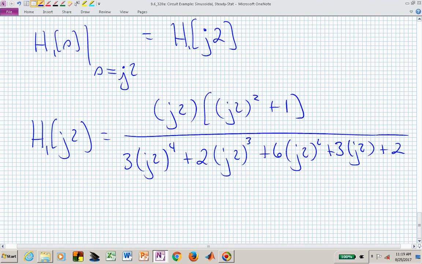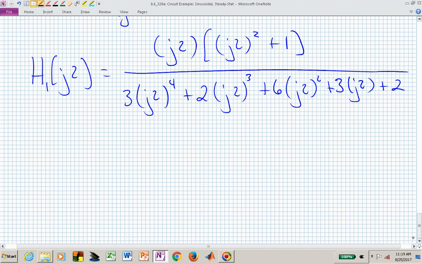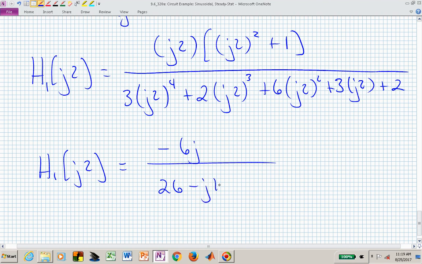That will end up giving us a complex number. I hope you see that that's a complex number. If you simplify that, then H sub 1 of j2 becomes minus j6, or minus 6j, and downstairs we end up with, in rectangular form, 26 minus j10.